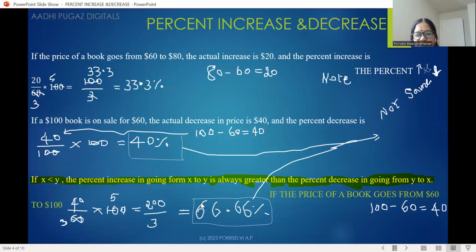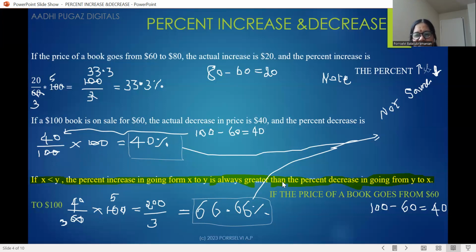the percent decrease. The result of the first part of this question is 66.66%. Then we come to this question: if a $100 book is on sale for $60, the actual value is decreased, right? $40 decreased. So how much percentage decrease? 40% decrease.